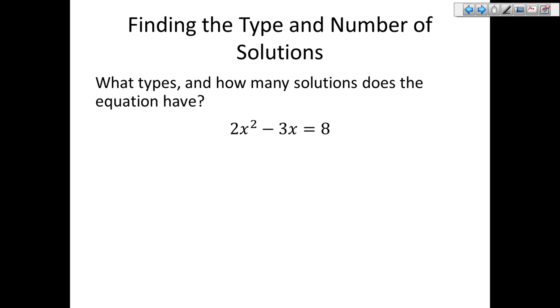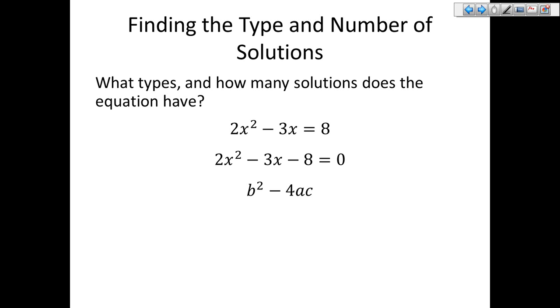So, you'll be asked questions, what types and how many solutions does this equation have? Now, they're not asking us to actually find the solutions. They might do that in addition, but first, you might just have to find out what type and how many solutions it has. So I'm going to go ahead and change it into my standard form by bringing that 8 over. I'm not going to plug everything in for the whole quadratic formula. I'm just going to figure out what the discriminant is.